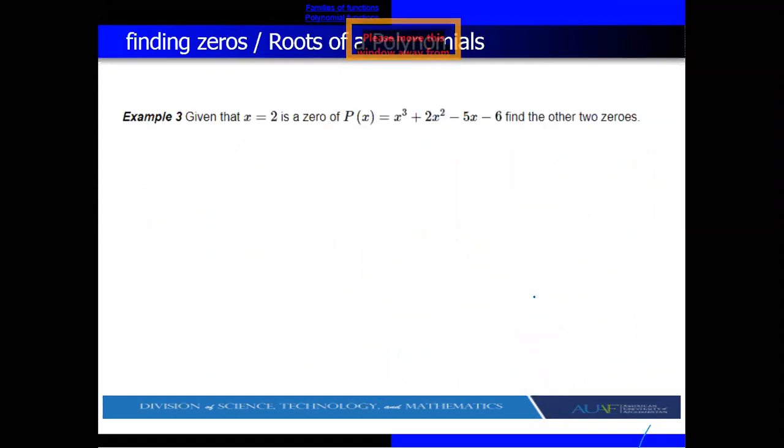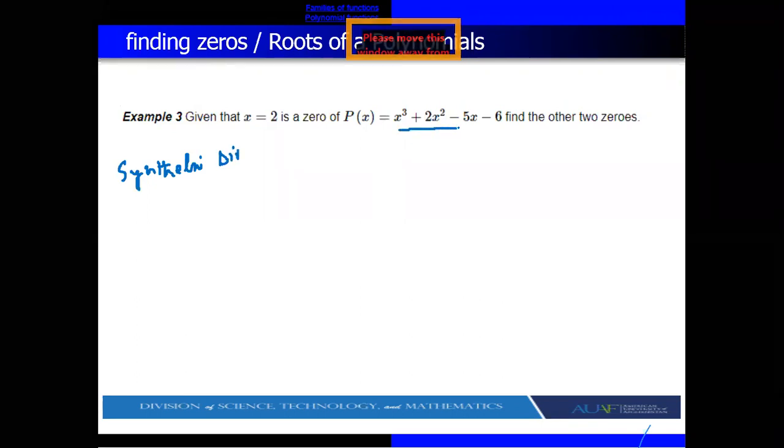Okay, guys, we have another question where one real zero is given. x equals 2 is a zero of the polynomial function x cubed plus 2x squared minus 5x minus 6. How do we find the other two zeros? With the help of synthetic division. Again, how can we write synthetic division?